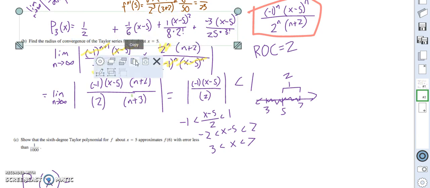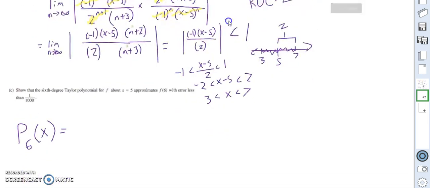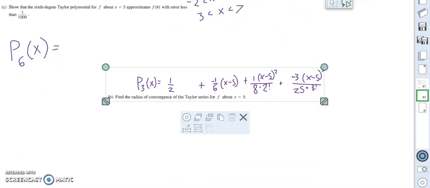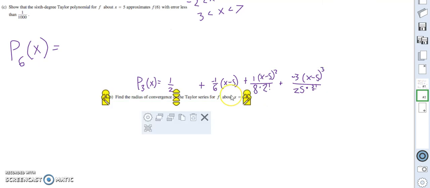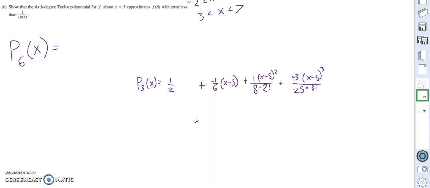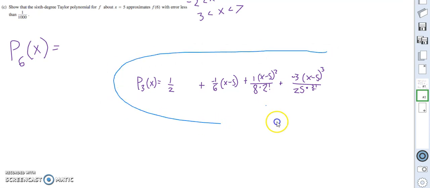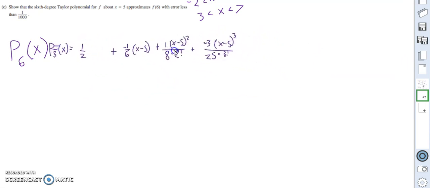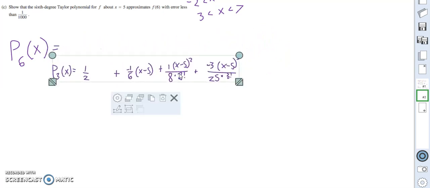Copy, and paste, and I don't need you anymore, and I can take all this, put it closer over here. I really don't need to know that that's called P3 of x.